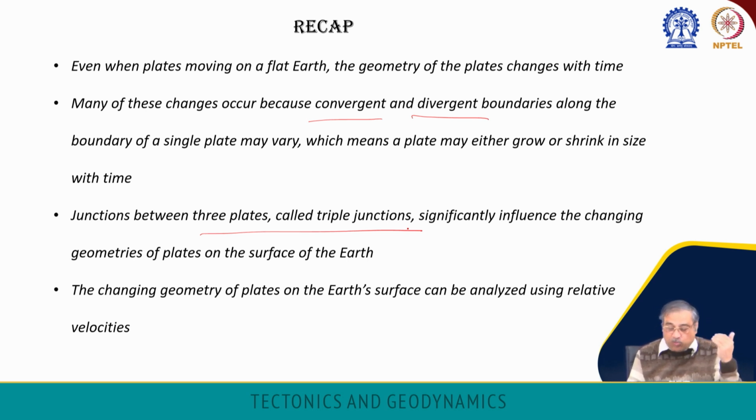On a flat Earth, we could very effectively use the concept of relative velocities, because we just considered the relative velocity of one plate with respect to the other, and then analyzed the whole motions of plates using the theories and the equations relevant to relative velocities.